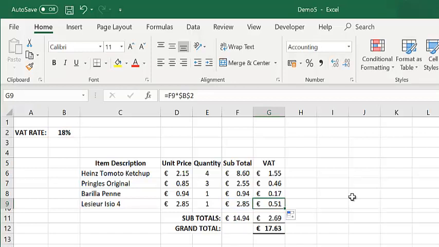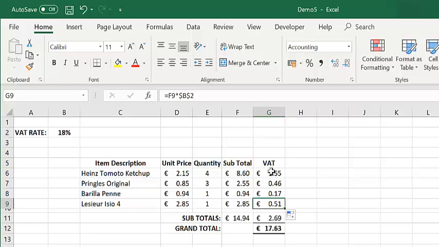The other approach is to make use of cell naming. And personally, I suggest that you try to avoid the use of the dollar sign and instead use cell naming. By cell naming, we can keep our Excel sheets much neater and more user-friendly.